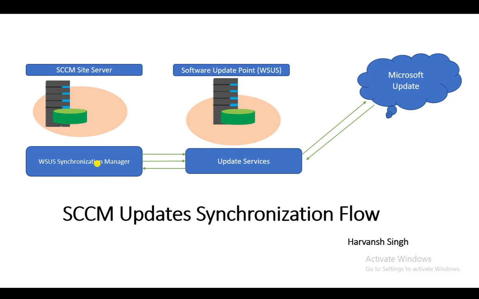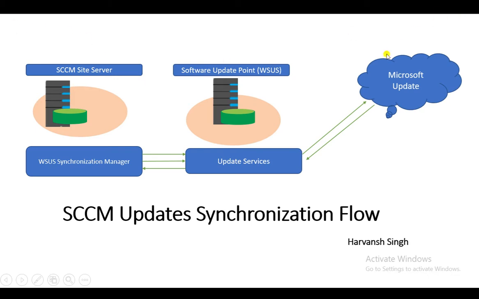Your main WSUS will work as the upstream, and the other WSUS will be downstream for that WSUS server. Your upstream server will sync up with the Microsoft update site. It will get the patch list as metadata. Then it will push it to your downstream WSUS. So that's how the synchronization works.